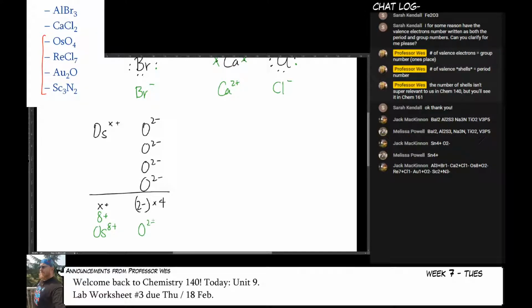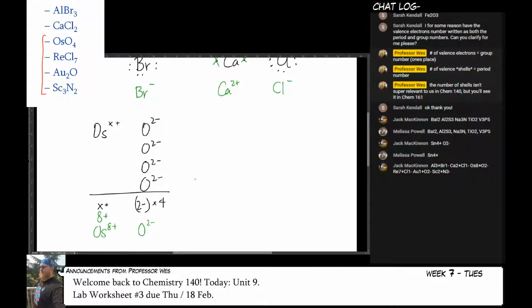So those are the ions that we get there. Osmium 8 plus and oxygen 2 minus. Totally possible to have 8 plus. Now you might think, well, wait a second, how would I get 8 plus for an element? Wouldn't it be way easier to just add however many electrons to get an octet? Remember, transition metals don't follow these same rules.